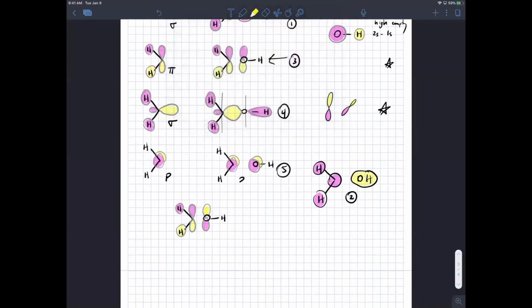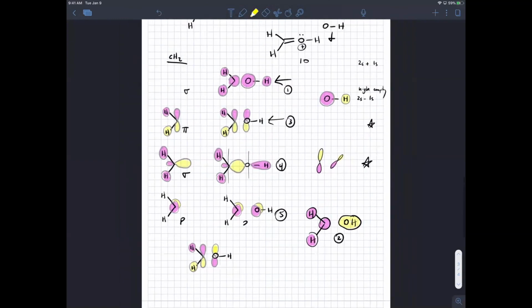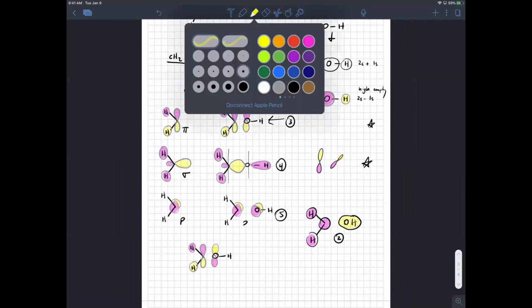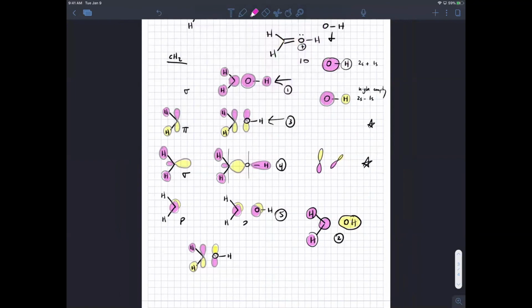All right, so in case we're confused by all of this, we're going to label things so that we can tell where each of these orbitals came from. We haven't drawn a nice diagram here, and oh well.